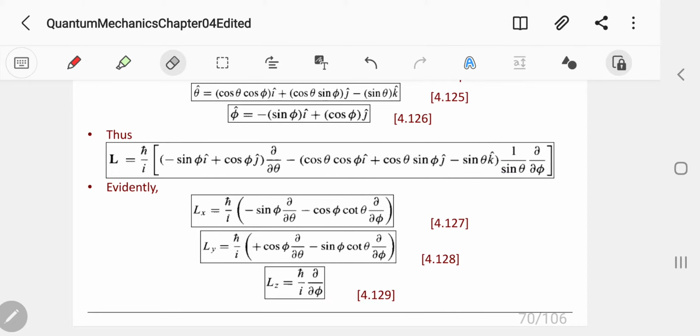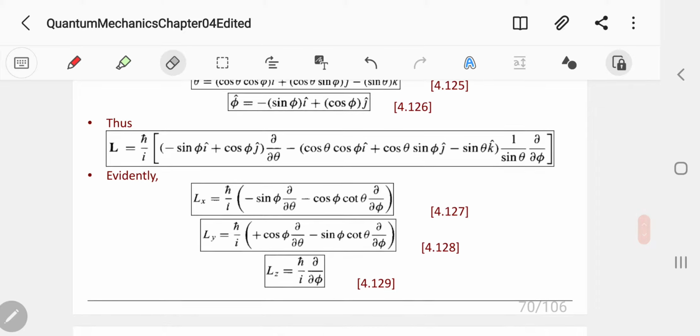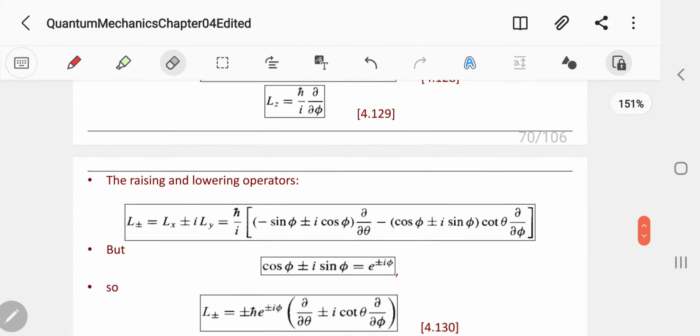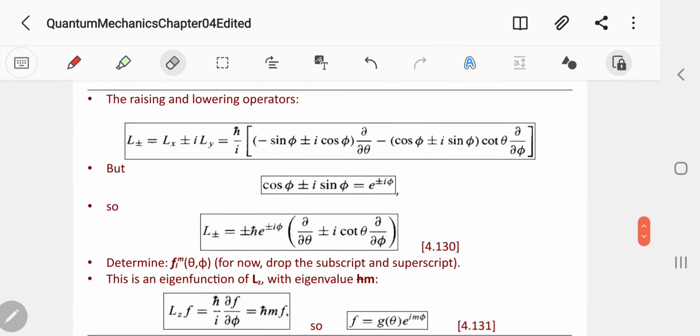So your Lx, Ly, and Lz can be written in terms of the spherical variables. So the lowering operator and the raising operator, L plus and L minus, would be this.